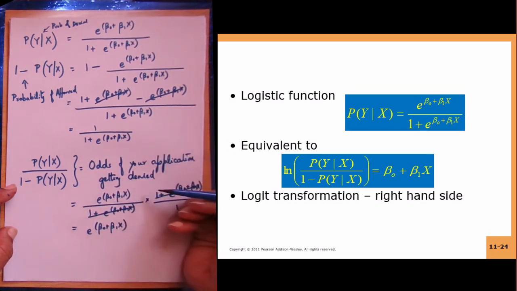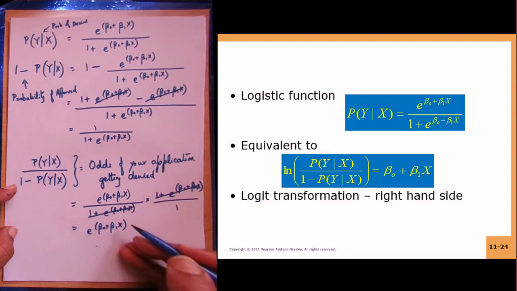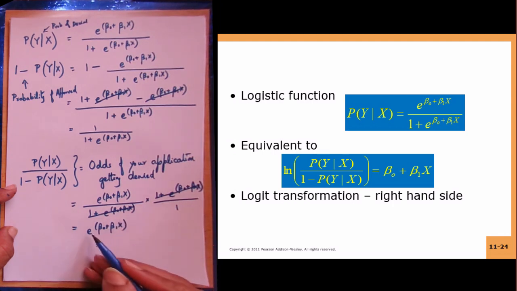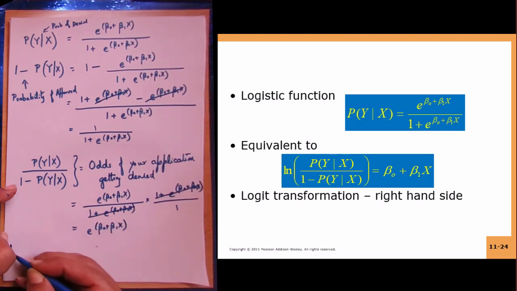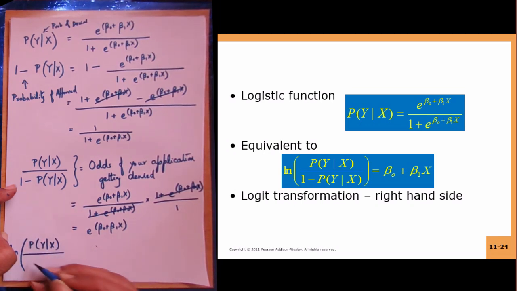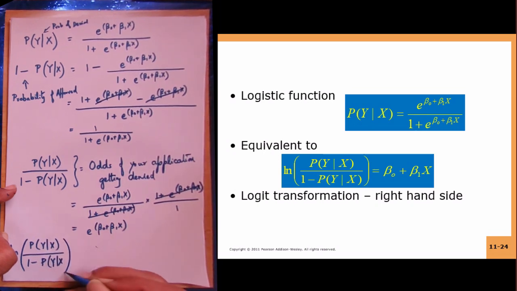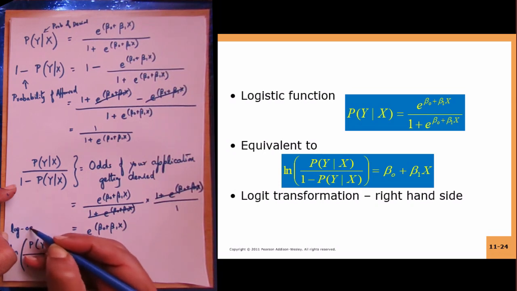So the odds of your application being denied is just e to the power of the z value that you have, e to the power of beta 0 plus beta 1 x. Now you take log on both sides. So log of probability of y given x by 1 minus probability of y given x is the log odds.